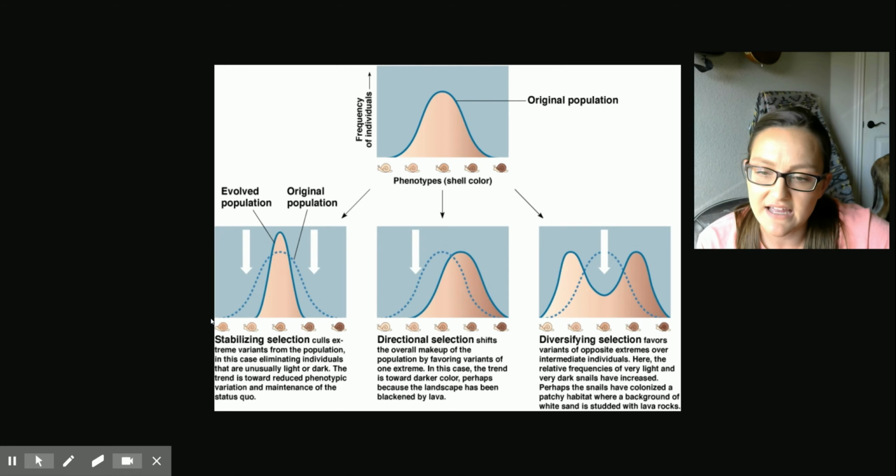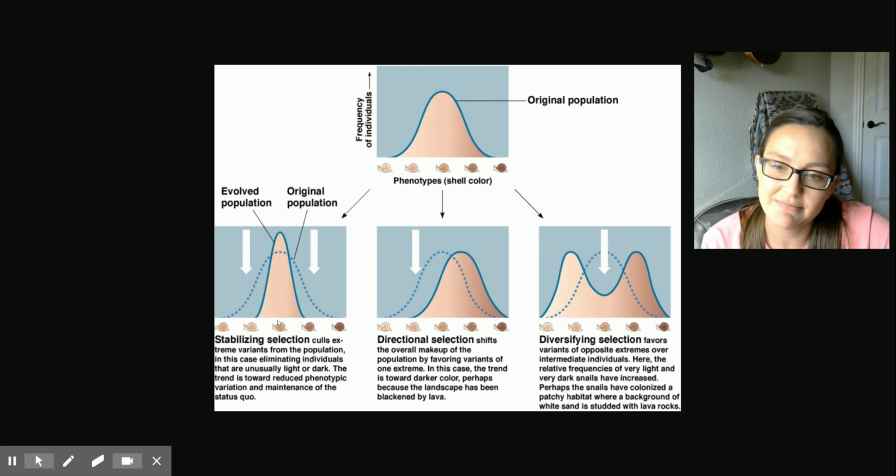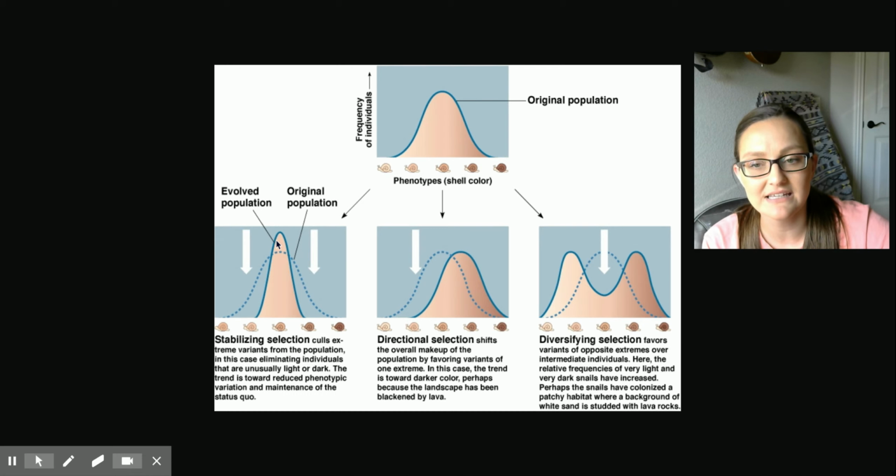Something has occurred that would require this average beige, maybe the type of sand that is present, which means that if you have very, very light shell colors or very, very dark shell colors, you're going to be able to be seen. And that means you're going to be eaten by predators. So in this case, it pays to be average. Likewise, for dog life expectancy, it also pays to be average size.